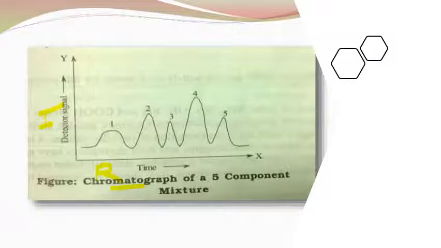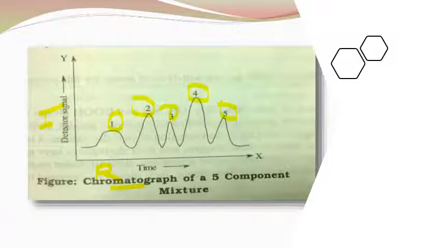Here you can see the 5 signals with the peaks obtained. Their resolution is very good. So how can we do our analysis by this? We have these 1, 2, 3, 4, 5 peaks, with different retention times in the column. The first peak has a very low retention time.